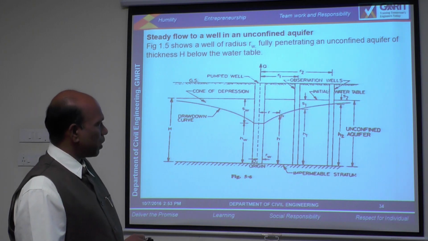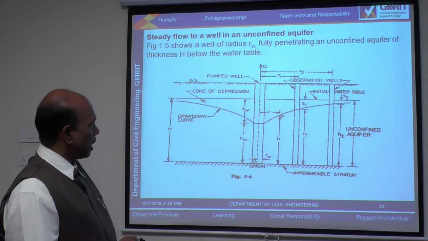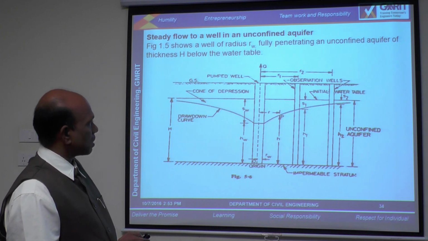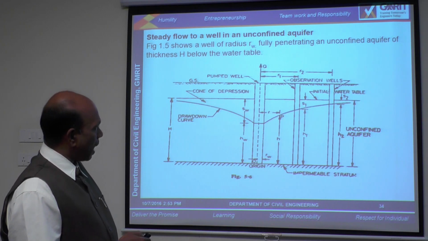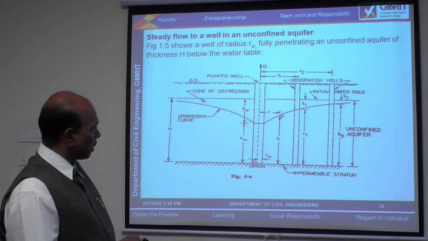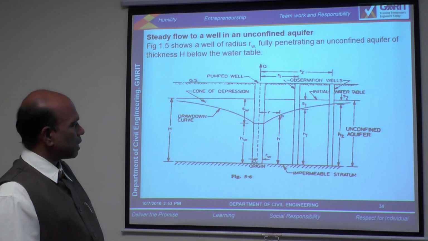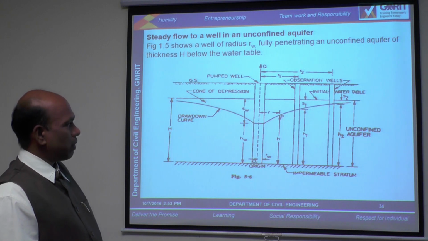Here we are going to take limits in such a way that R equal to R1, that is the distance between the main well and observation well number 1. If R equal to R1, then H is equal to H1, that is the water level in observation well number 1.